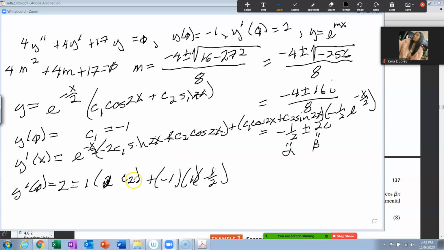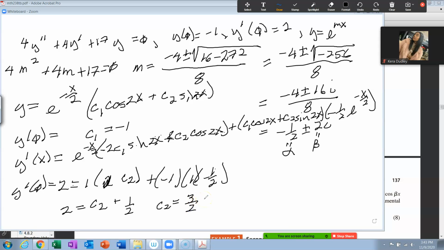Okay, so what do we have here? 2 is equal to c2 minus, no, plus, because there's a minus, there's a minus, 1/2. I think that's it. Okay, so c2 is equal to 3/2.